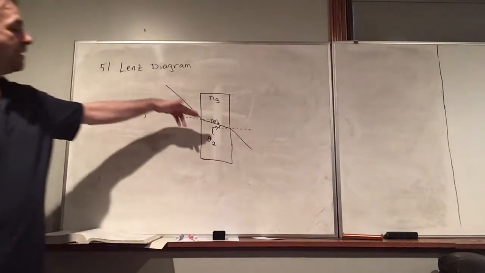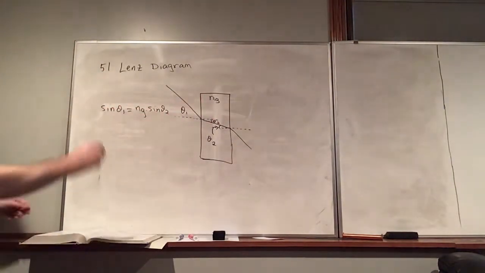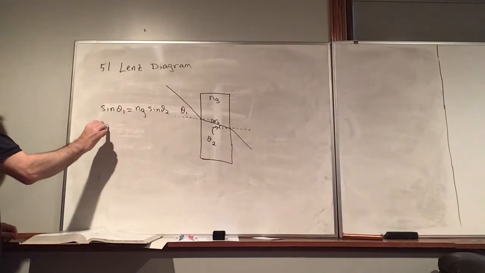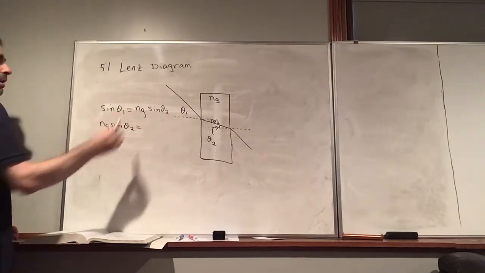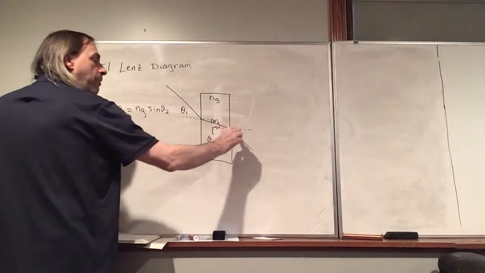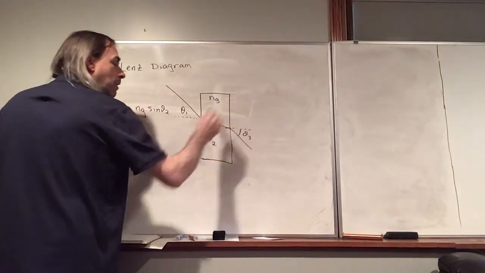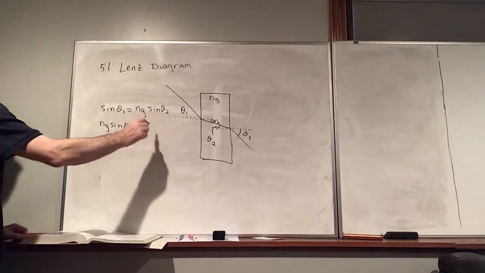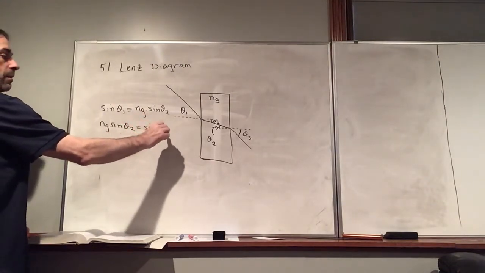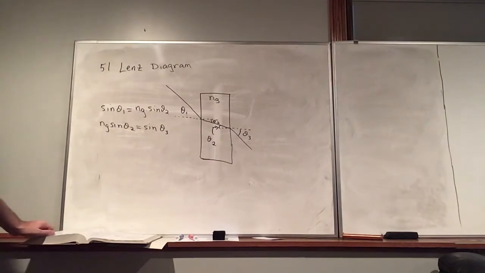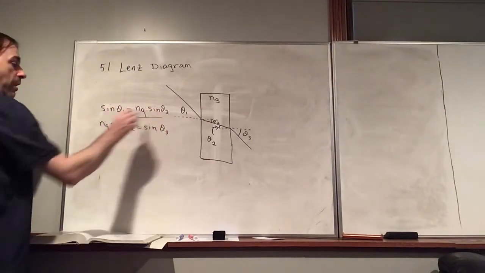Now if we look at this, this is our angle of incidence. Here we have n_g sine of theta 2. Let's call this angle theta 3. Again, n for air is 1, so that would just be sine theta 3. Now, these are equal to each other.